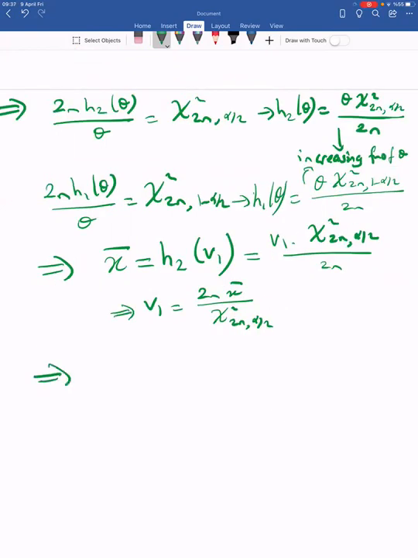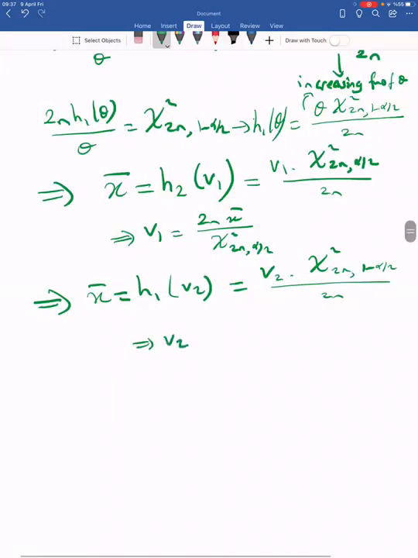And then for the upper bound, x bar equals h1 of v2, again in the h1 function replace theta by v2: v2 times chi-square 2n 1 minus alpha over 2 over 2n, and from here v2 is obtained as 2n x bar over chi-square 2n 1 minus alpha over 2.